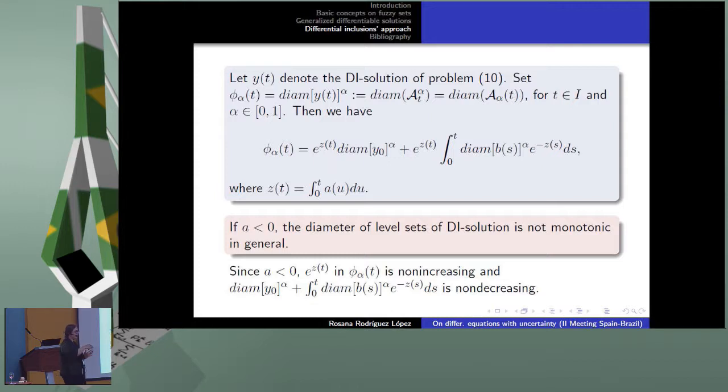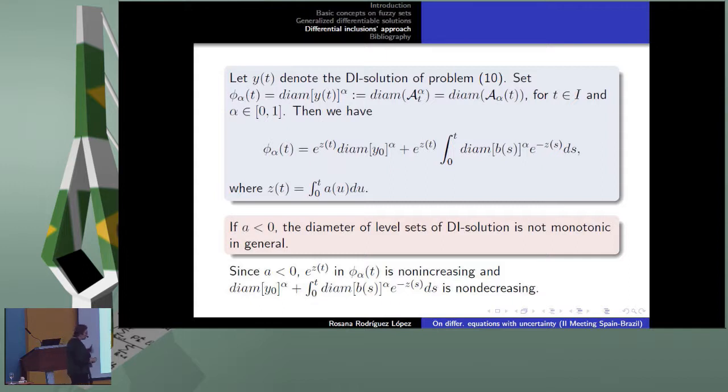You are going to be worried about the monotonicity of the diameter of the level sets. Because the property that is sure is that the 1 solution is going to have increasing diameter and the 2 solution decreasing diameter. So let's take the solution from differential inclusions approach and check the monotonicity of the diameter.